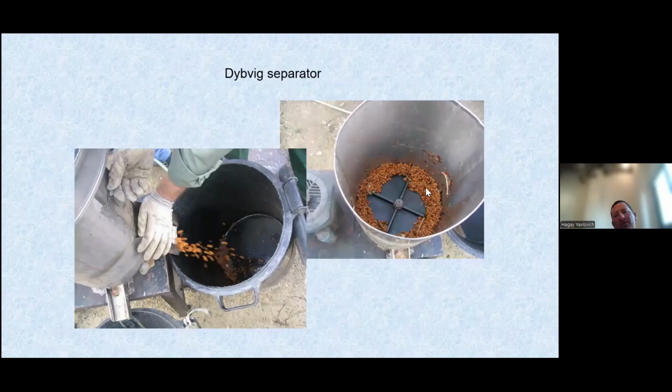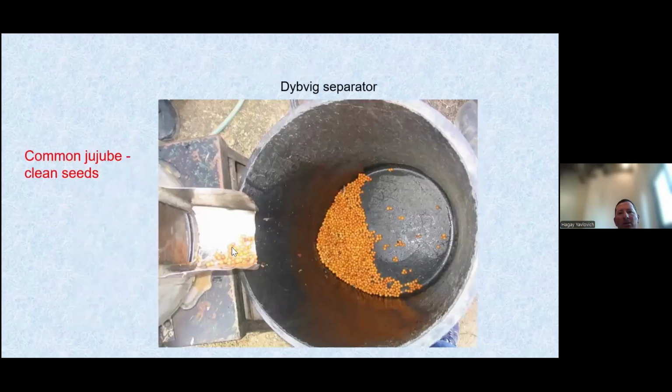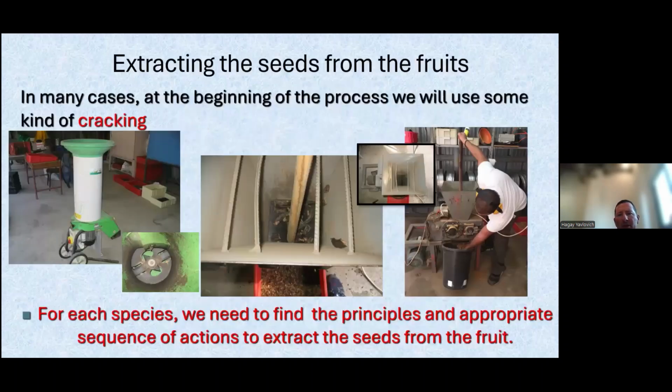Eventually, you get clean seeds, and then you have a door that you can take all the clean seeds outside. So this is a special machine for fleshy fruit, and you can work with dates, pears, apples, you name it. All the fleshy fruits, you can work with this machine.